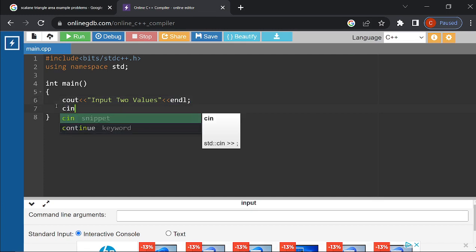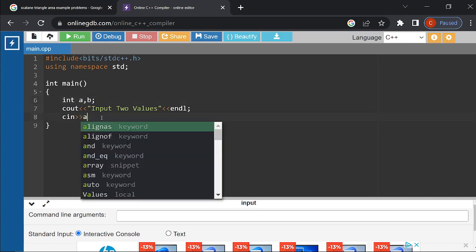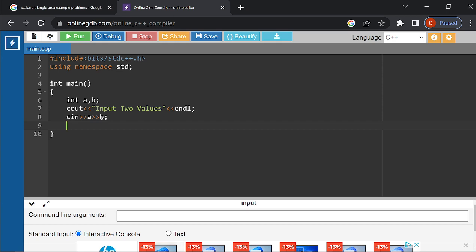Now cin. You have not declared the variables. I have told you the difference between declaration, assignment and definition in the Java video. Please watch that video also. So input A and B. Input two values here, A and B. Now you have to perform the calculation.